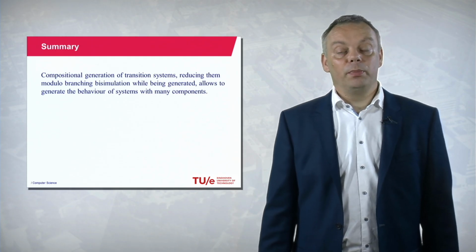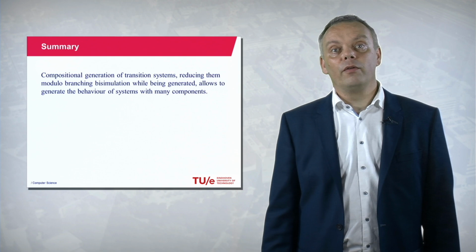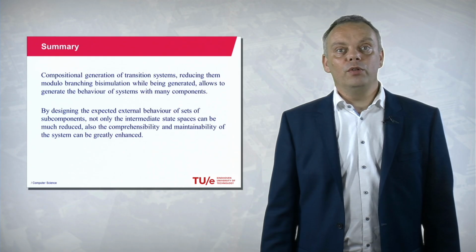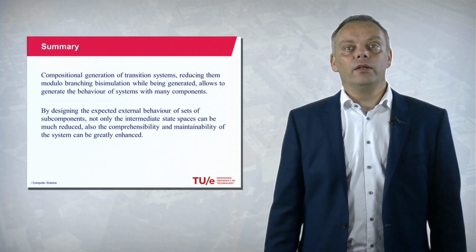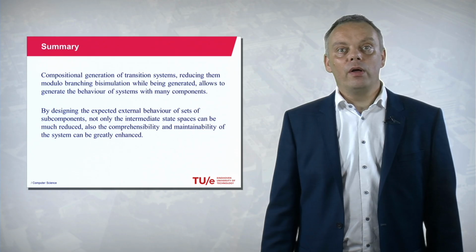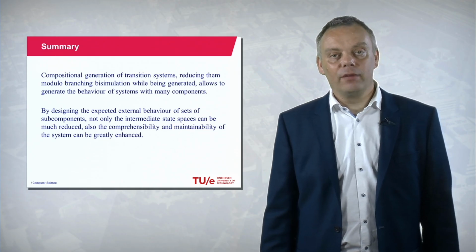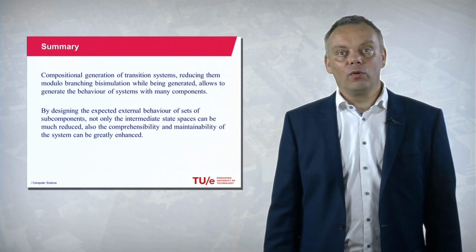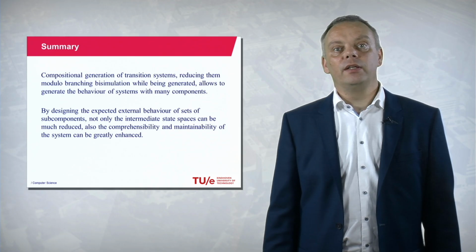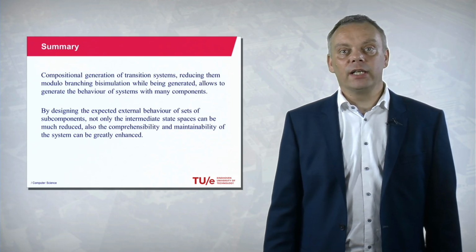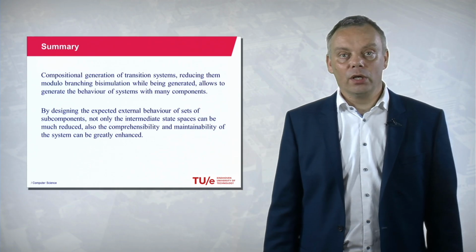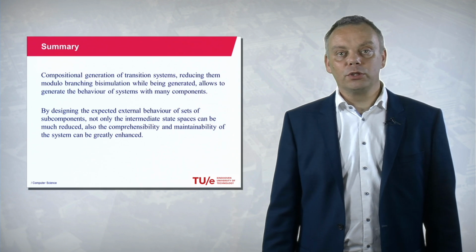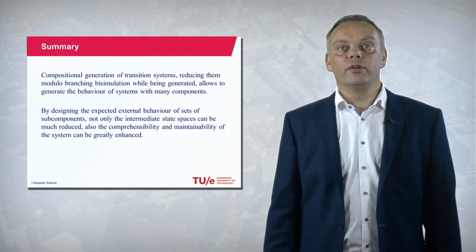This works much better than just generating the state space of the whole thing as a whole in general, but you can do even better if you design explicitly the expected external behavior of all intermediate components, and you adapt the individual subcomponents such that they realize exactly this expected behavior. And if you do so, I think you are among the best if it comes to the design of complex behavior of these kind of systems.